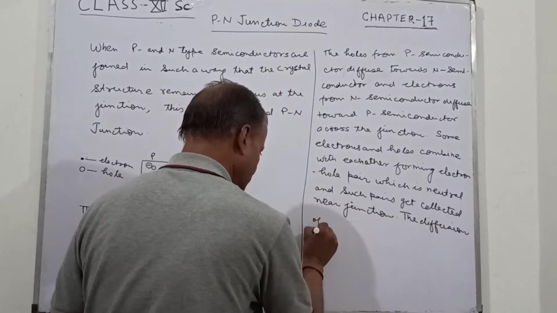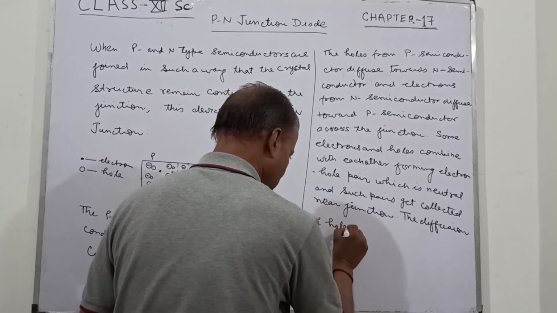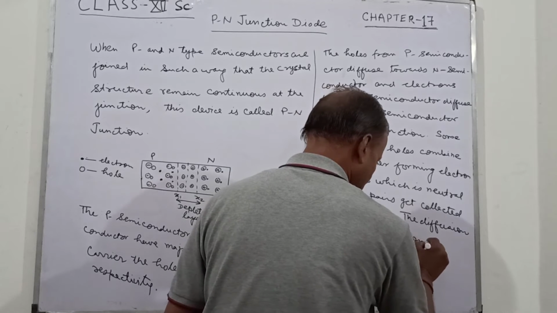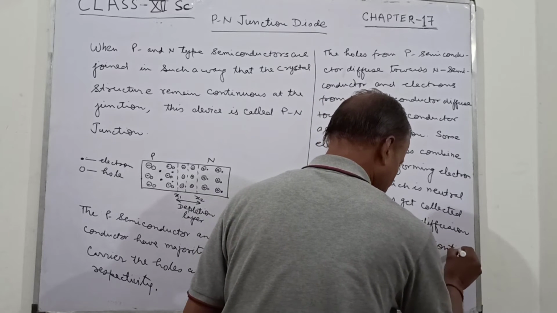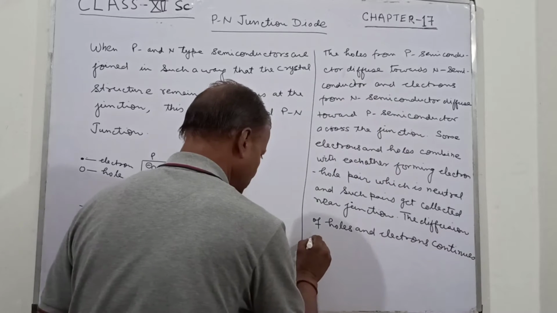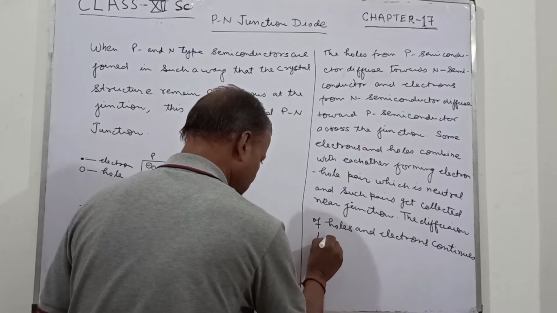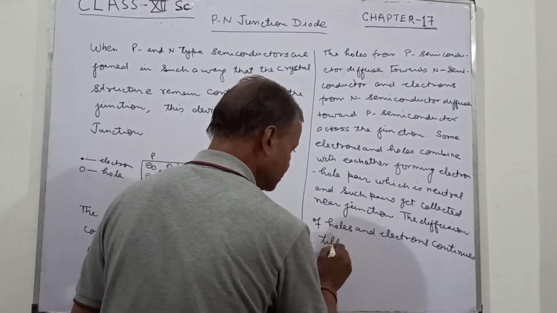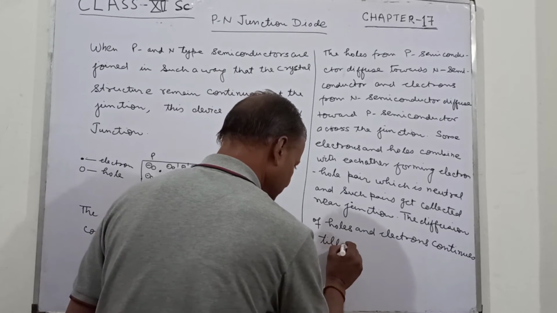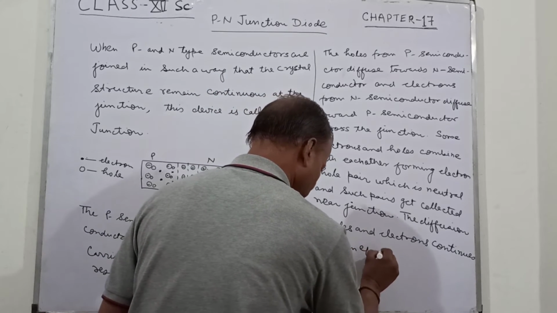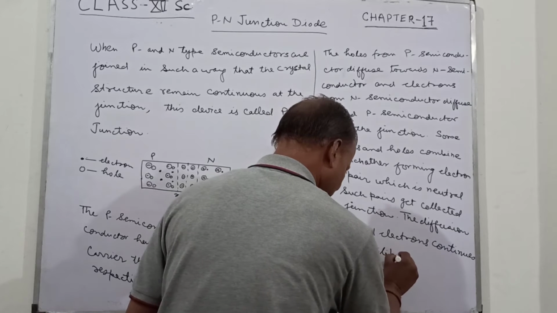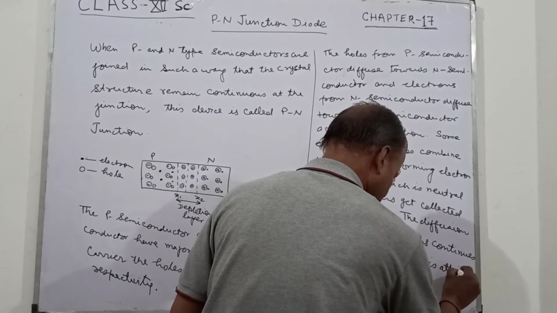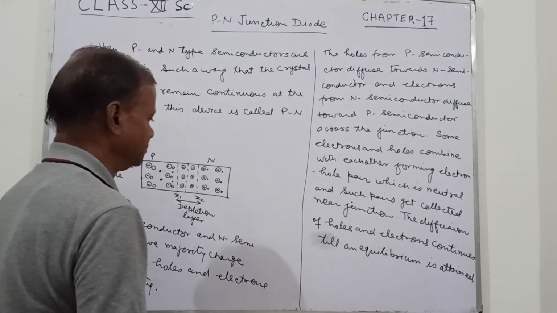The diffusion of holes and electrons continues till an equilibrium is attained.